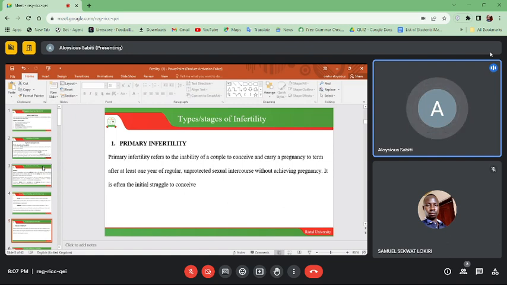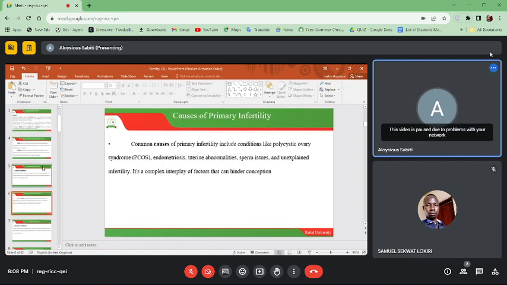But also, it would simply mean that someone is diagnosed infertile even if they conceived and they are continuously not carrying that particular pregnancy to term. So their pregnancy does not result in a live birth.